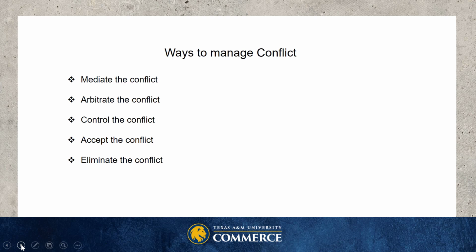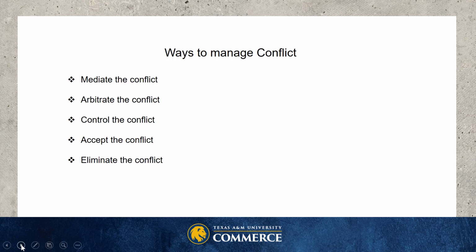Then we have to accept the conflict in some cases. We have team members that are vital to the project, and sometimes they just don't like each other and they're not going to get along, but they've got to be mature professionals about it and do their very best to just accept that they don't like each other and go on with the project.